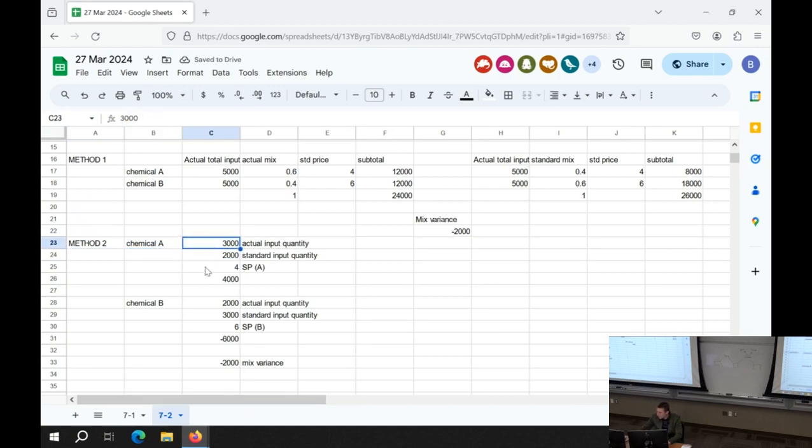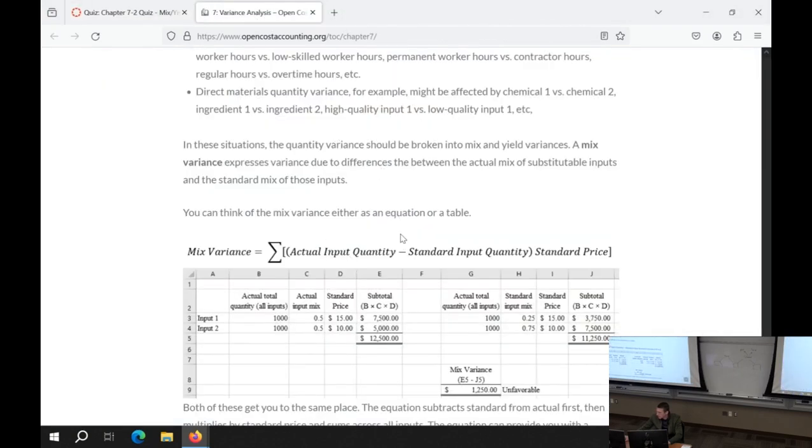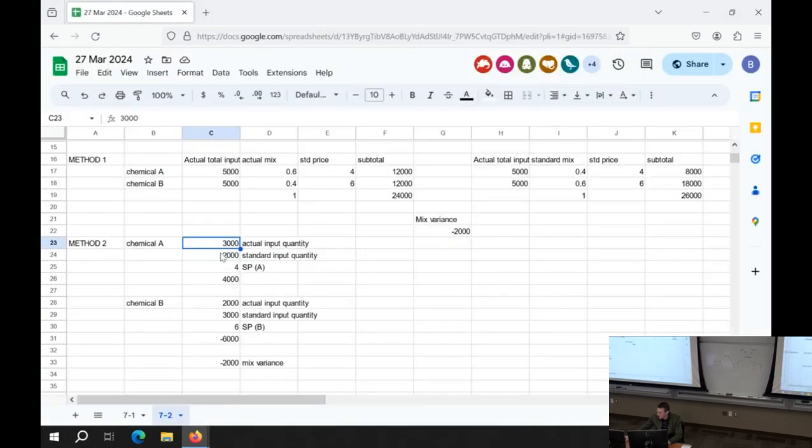When I said earlier that the inputs offset each other, but then when they're multiplied by standard prices, it creates a problem. When we're talking about just the 2 inputs, it does it very directly.